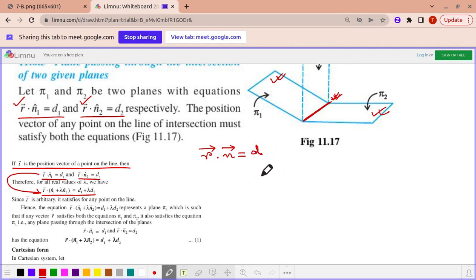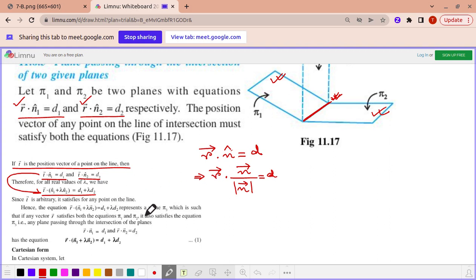The general equation has n cap, which is nothing but the unit vector, so that is r vector dot n vector divided by mod of the n vector, equal to d. From there we find that r dot n vector equals d into mod of n vector. In that way also you can express the equation of a plane.